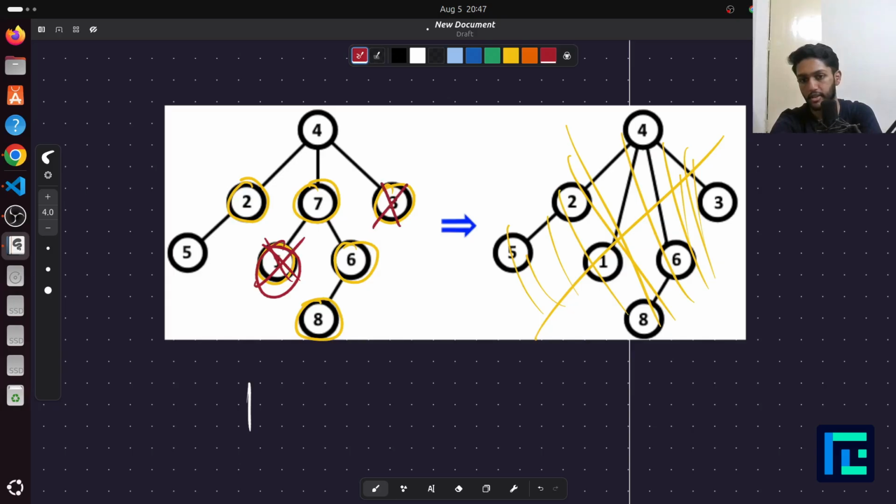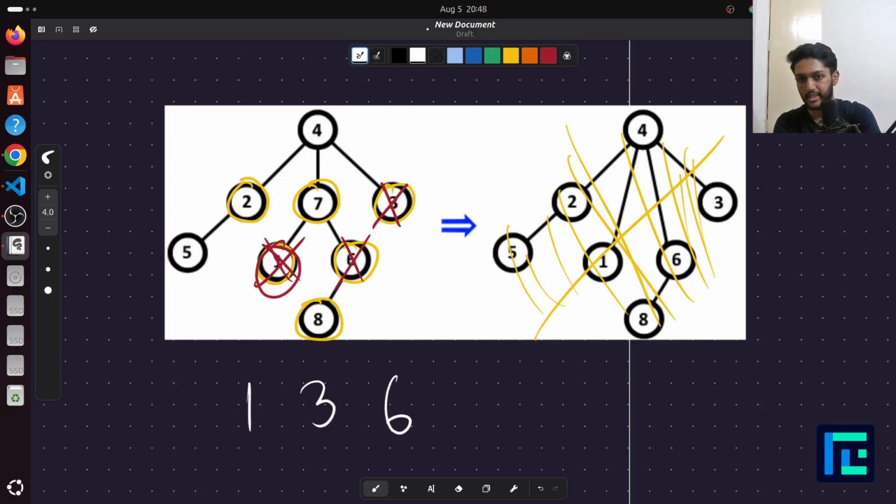So we delete that, and 3 is added to the answer. Then out of 6, 7, 8 and 2, can we delete any of them? 2 we cannot delete, 7 we can delete, but 6 also we can delete. So we delete 6, because it's the lowest number, and 6 is added to the answer.